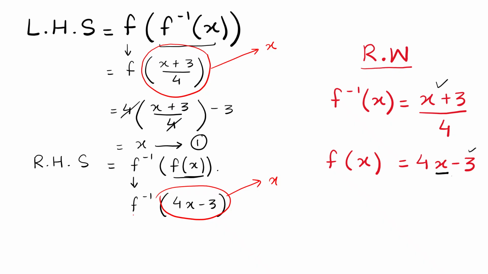In the f inverse x function, change the x with this new x value. 4x minus 3 plus 3 divided by 4. This 4 and 4 will also cancel and we are left with x. Name it as equation number 2. From equation number 1 and 2, left hand side and right hand side are equal.